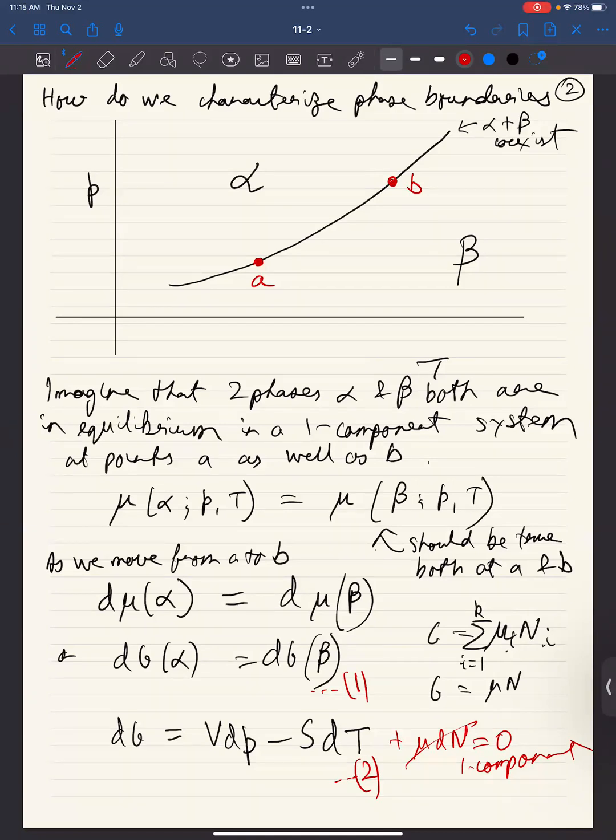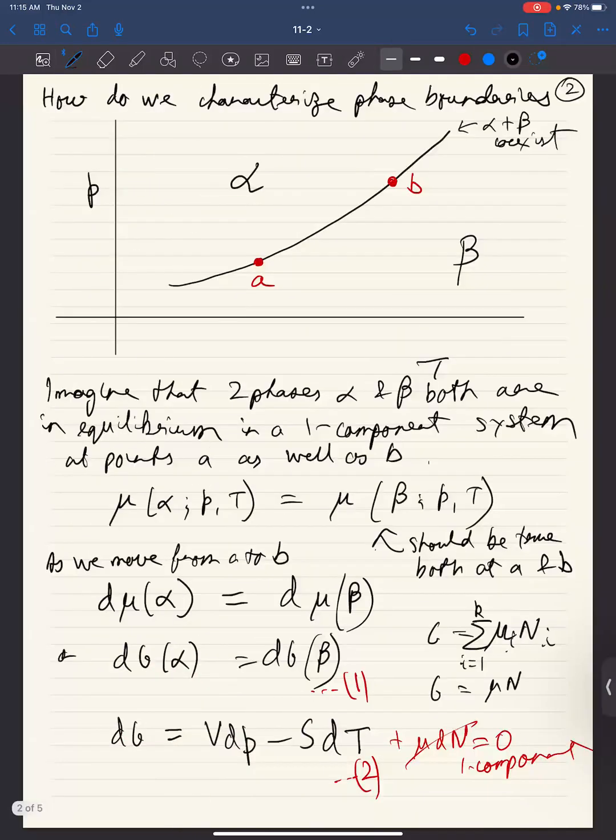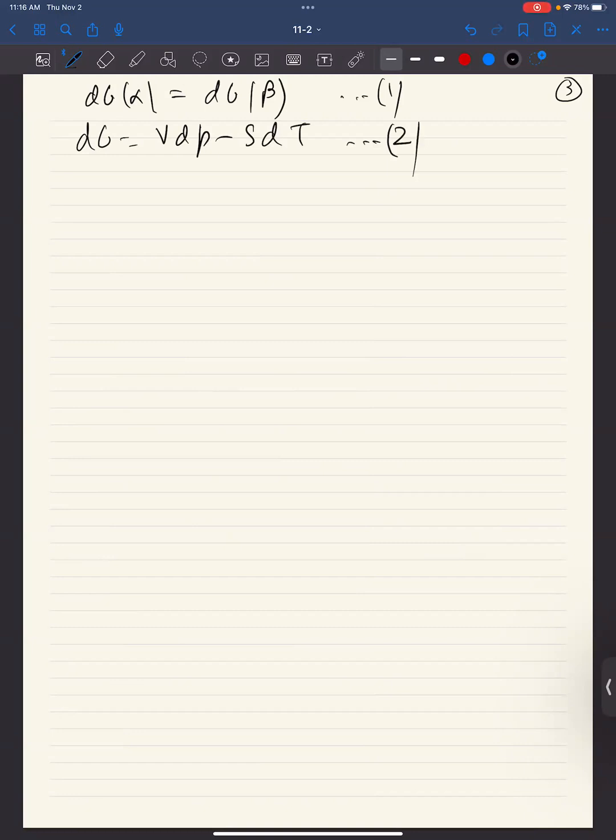Let me write down both of them again on the next page. If you haven't copied, don't worry. So equation 1 is dG of alpha is equal to dG of beta, and equation 2 is dG is equal to V dP minus S dT. So how do we write down 2 in 1?